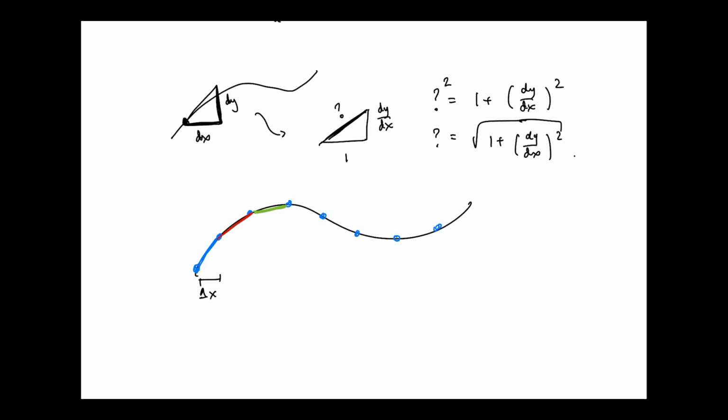Okay. All right. So let's take the world's stupidest example of this in action. What would be the world's stupidest example? Well, let's use this to find the length of a straight line.